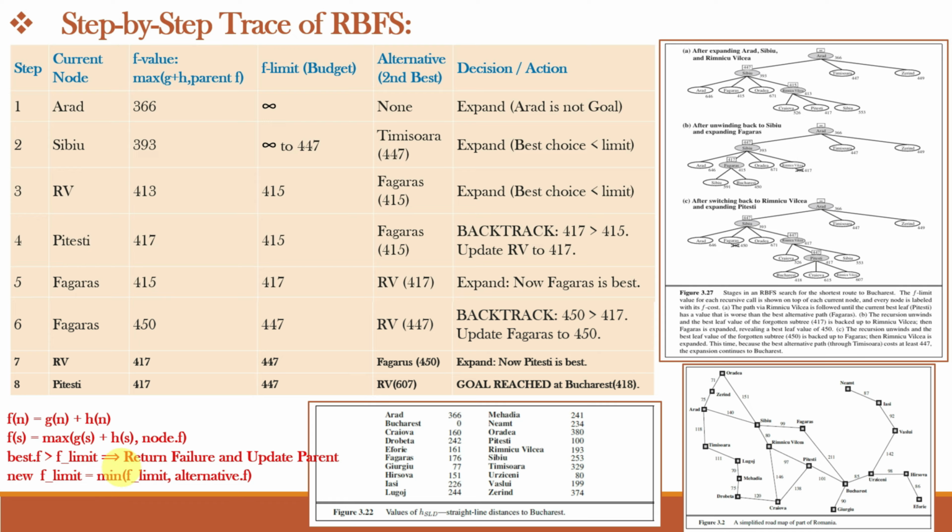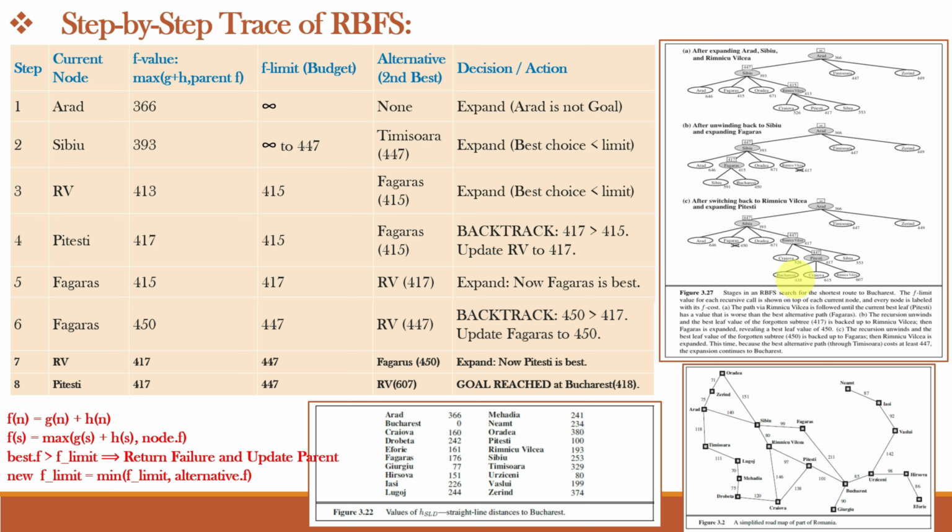So next F limit is equal to minimum of F limit, comma, alternative F. So what is F limit? F limit is 447, comma, alternative F is 607. So 447 is minimum. So our next F limit is 447. So we write 447 above the parent node, and the next best node is Bucharest at 418.